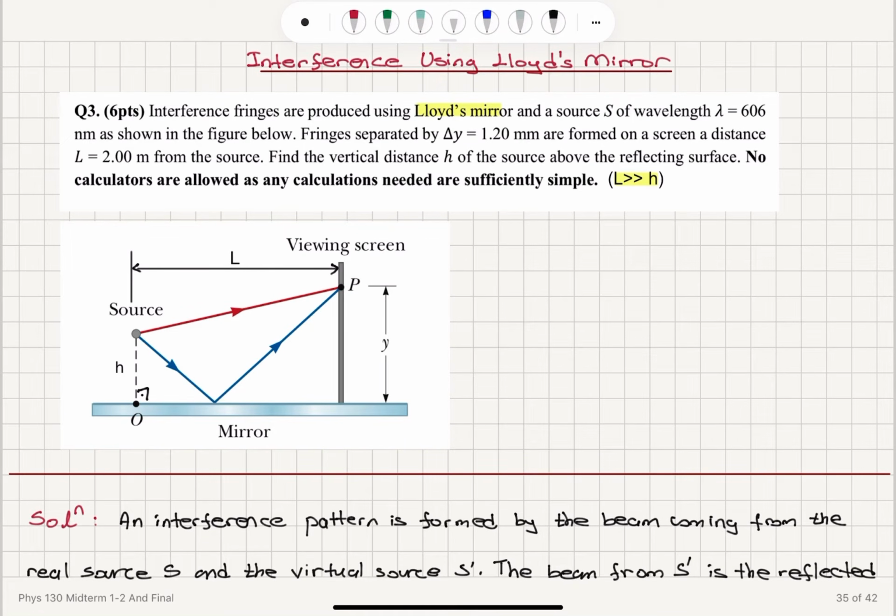But one thing we should be careful with, the reflected light is 180 degrees phase shifted. It's analogous to mechanical waves on a string going from a light string towards a heavy string. This is going from low index of refraction to high index of refraction medium.